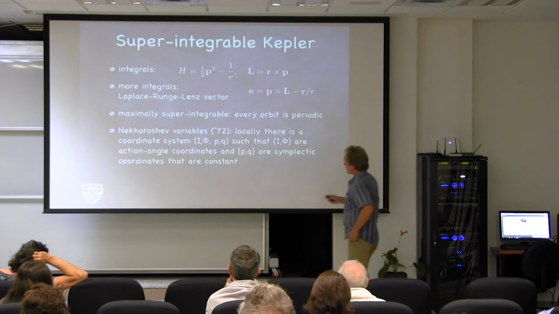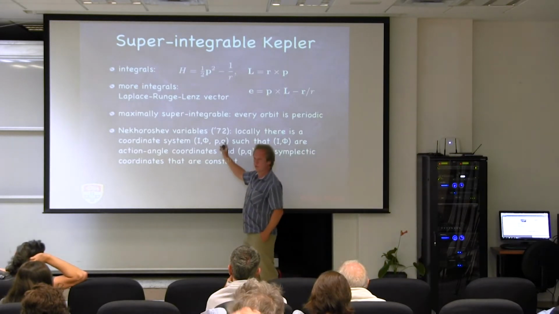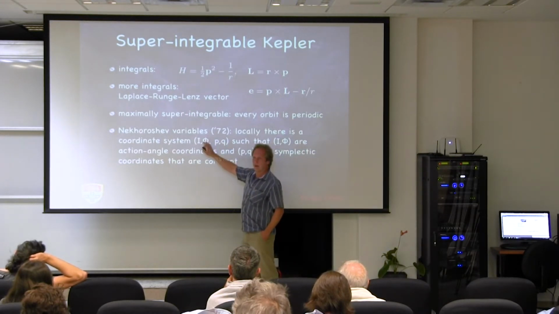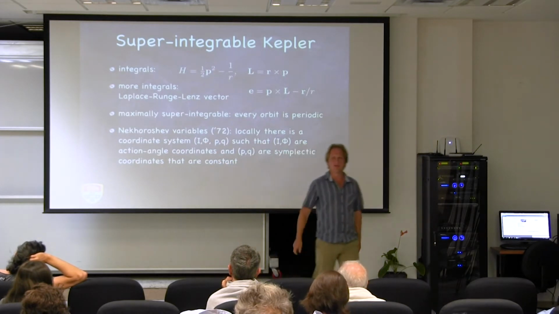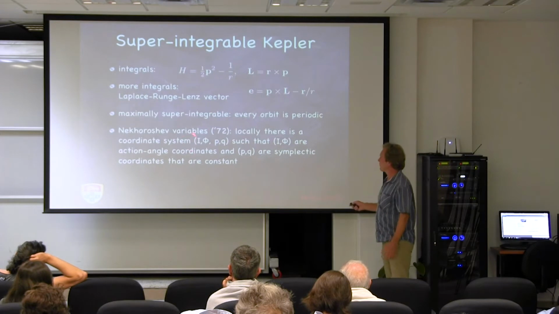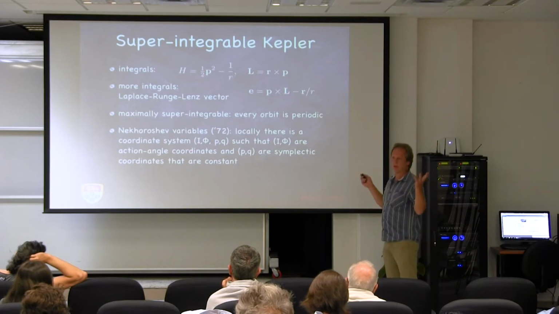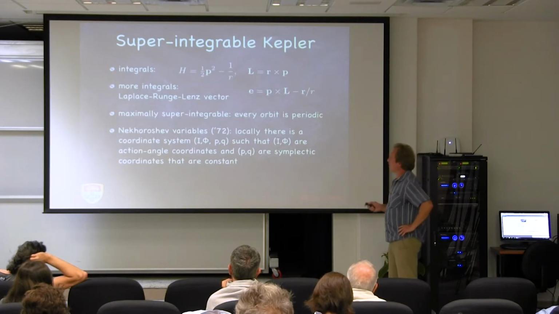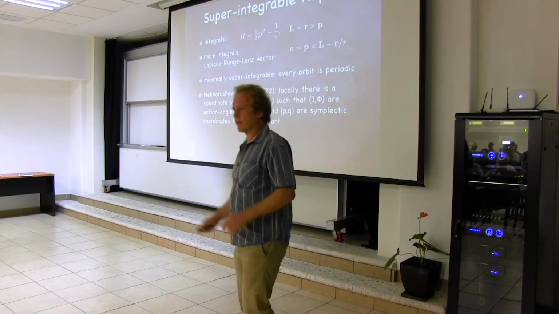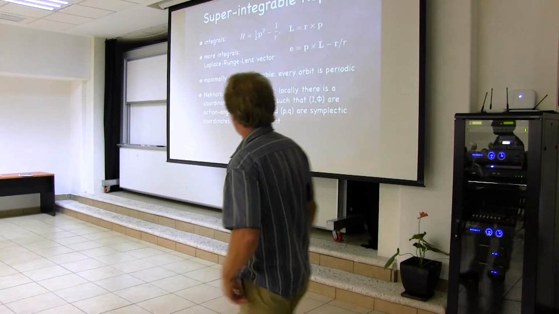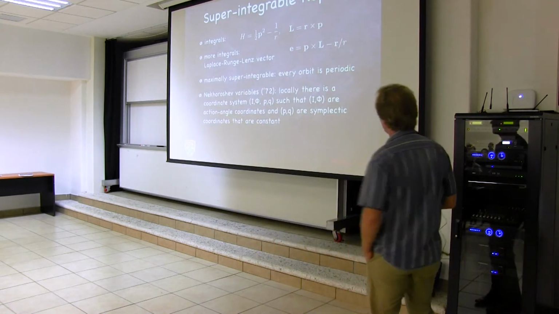The main difference here is now that because you have p's and q's, you don't need half the dimension of phase space I's, but you could have less. And in the extreme case, you have only a single I, even when you're in n degrees of freedom. Then you have a single action, a single angle, and lots of variables that are constant. So those are the Nekhoroshev variables for superintegrable systems.